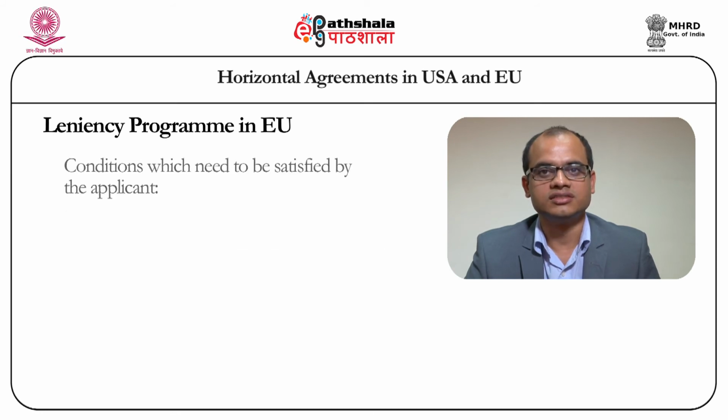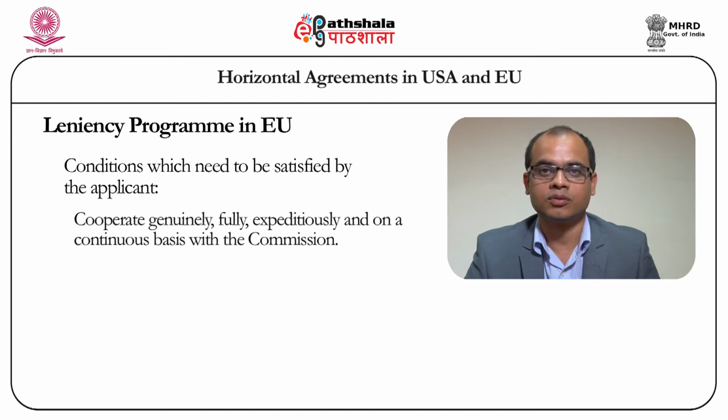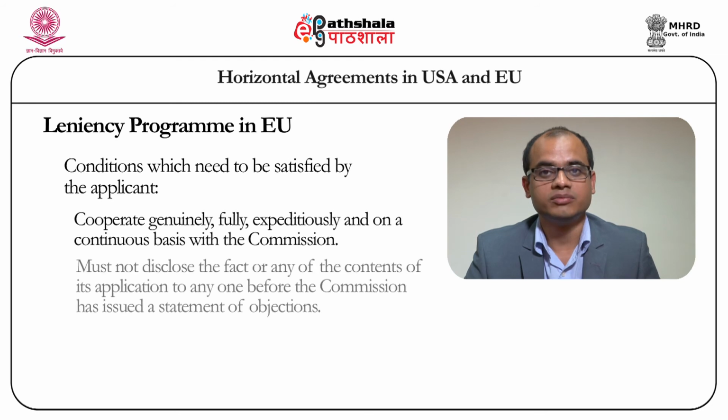And there are other conditions also which need to be satisfied. The applicant for immunity must cooperate genuinely, fully, expeditiously, and on a continuous basis. The applicant must not disclose the fact or contents of the application to anyone before the Commission has issued a statement of objections.